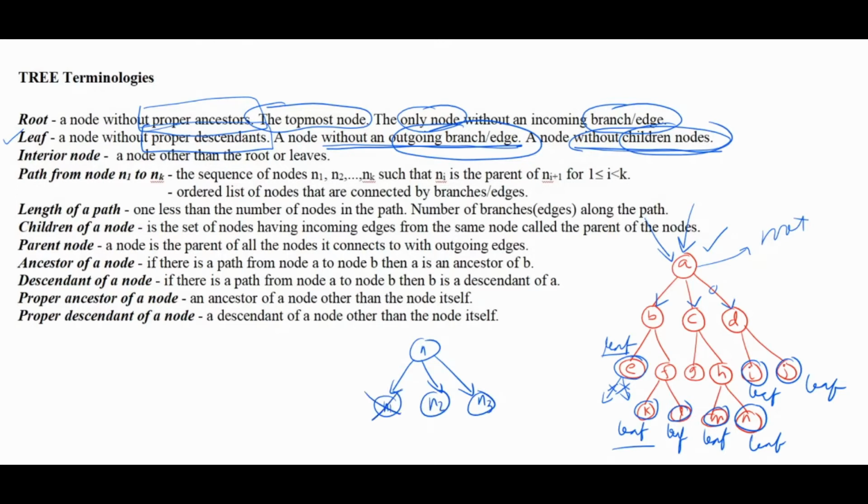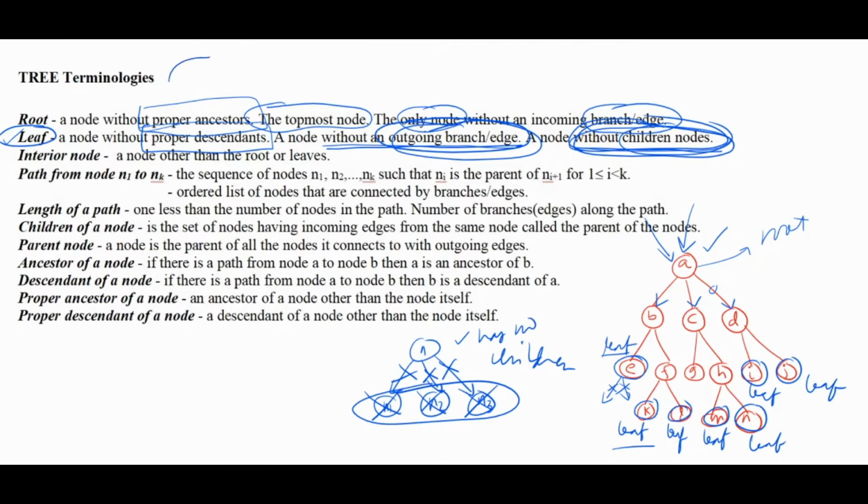But if n1, n2, and n3 do not exist, or if n has no children, then it also has no outgoing branches. So again, a leaf is a node without outgoing branch or edge, and therefore it is without children nodes.